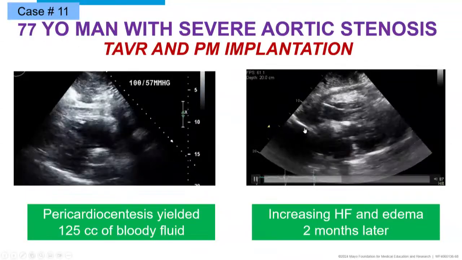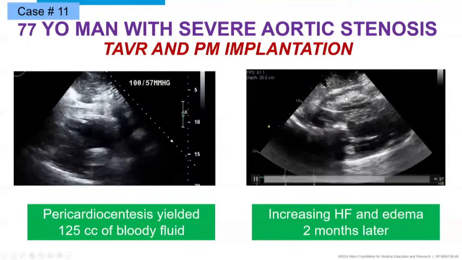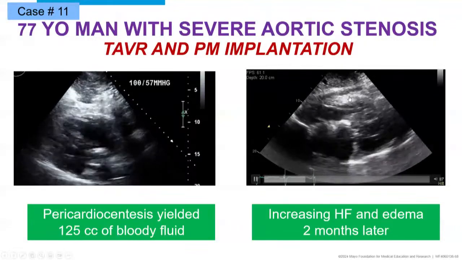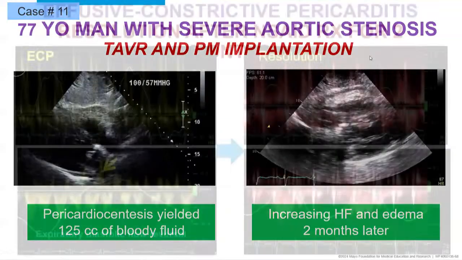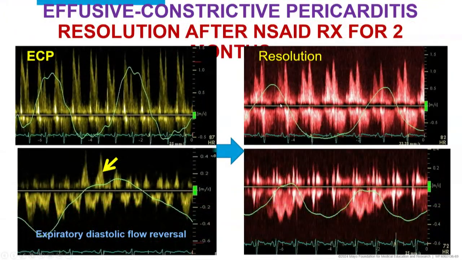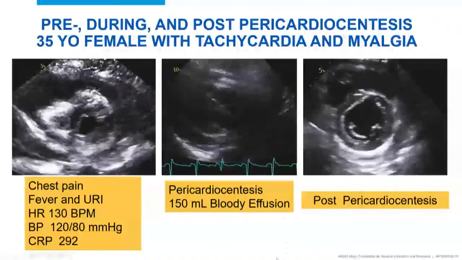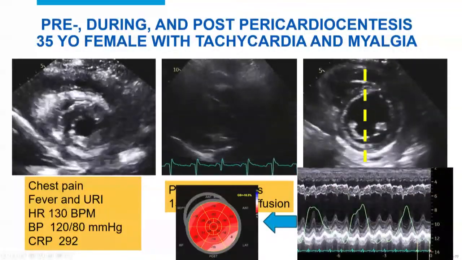Then the patient came back a couple of months later feeling even worse. You can see that this is a thickened, tethered pericardial layer. So the patient developed this post-pericarditis effusive constriction, and then Doppler showing this, and then this is resolution with medical therapy. And this is another patient with tamponade and pericarditis, and then post-pericarditis showing significant constriction here.